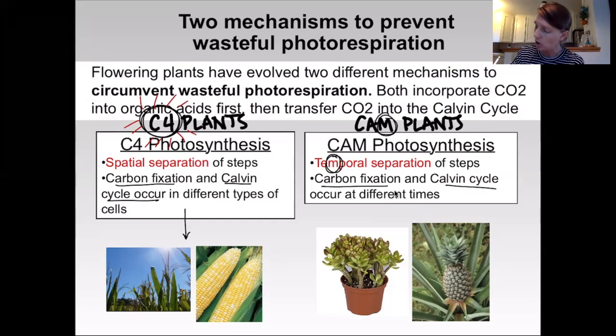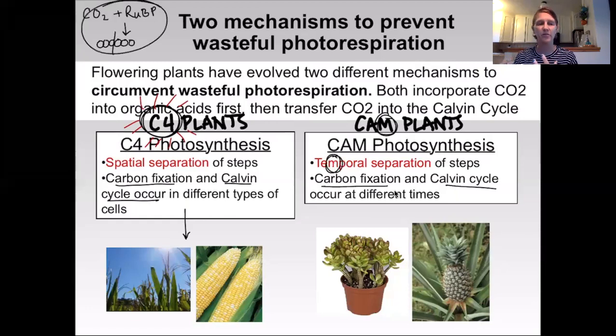So remember, carbon fixation in the Calvin cycle converts CO2 plus RuBP, right? To make that 6-carbon molecule, which gets split into two 3-carbon molecules, right? And what we're gonna see here is that the carbon fixation is different in C4 and CAM plants, right? Examples of CAM plants, I forgot, are jade plant and pineapple.